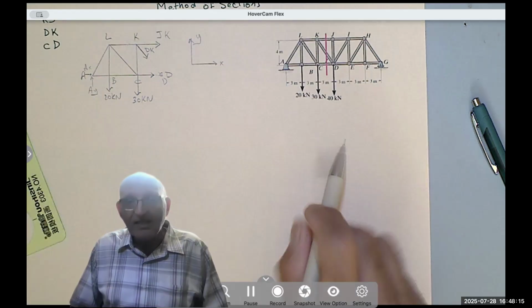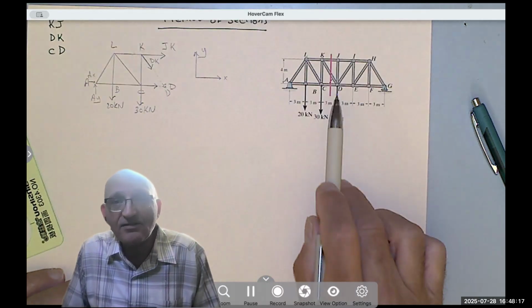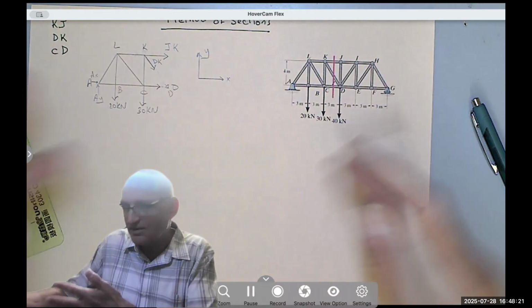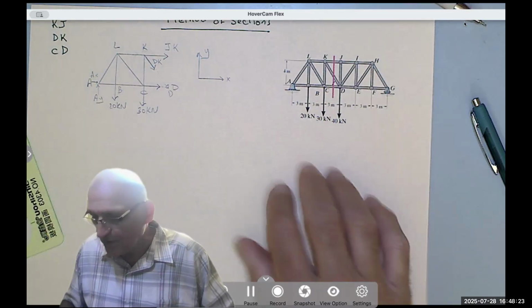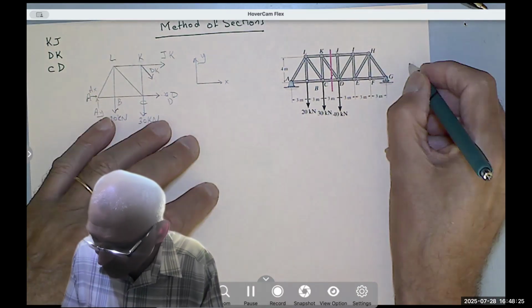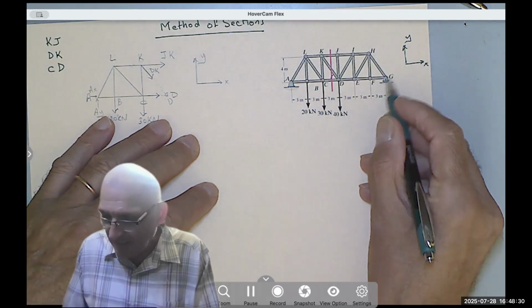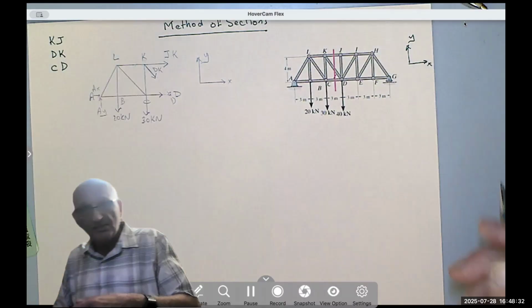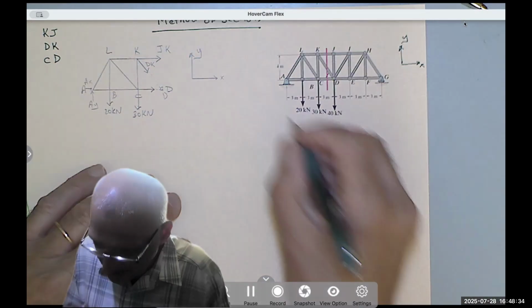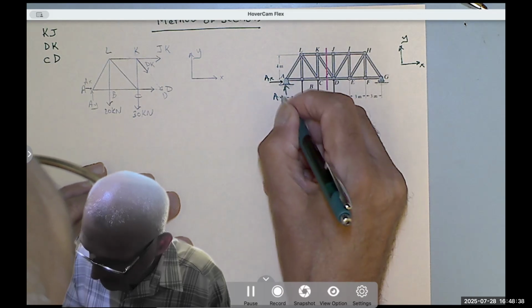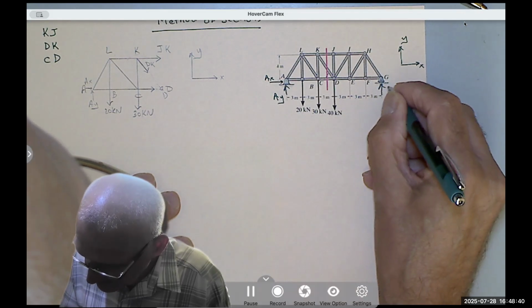So in the beginning, I will draw the free body diagram of the overall truss. It's going to take a long time, so I'm not going to do it since we need time for the next problem. So I will assume that I redrew it, took away the supports, and I have here AX, AY, and GY.